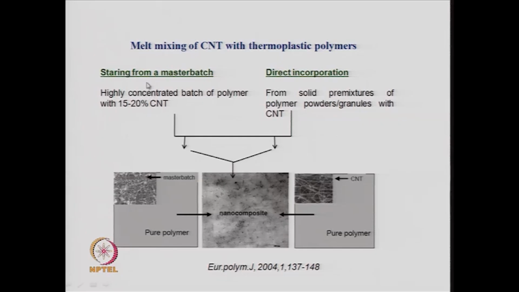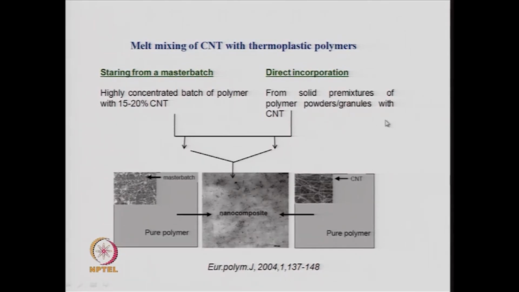So, depending on whether you are starting from a master batch, which is a highly concentrated batch of polymer mixed with carbon nanotubes, you get this kind of SEM picture of the master batch, and this is the pure polymer, and this is the nanocomposite that you get.